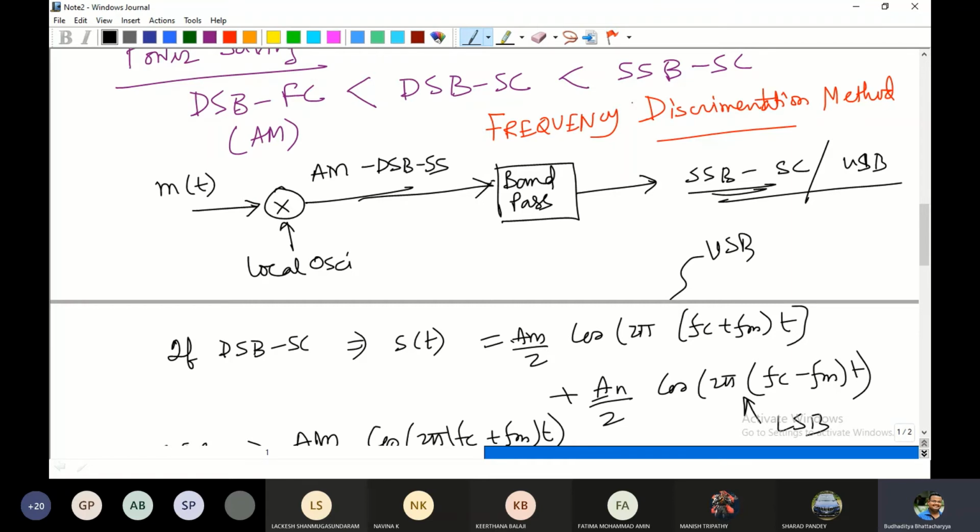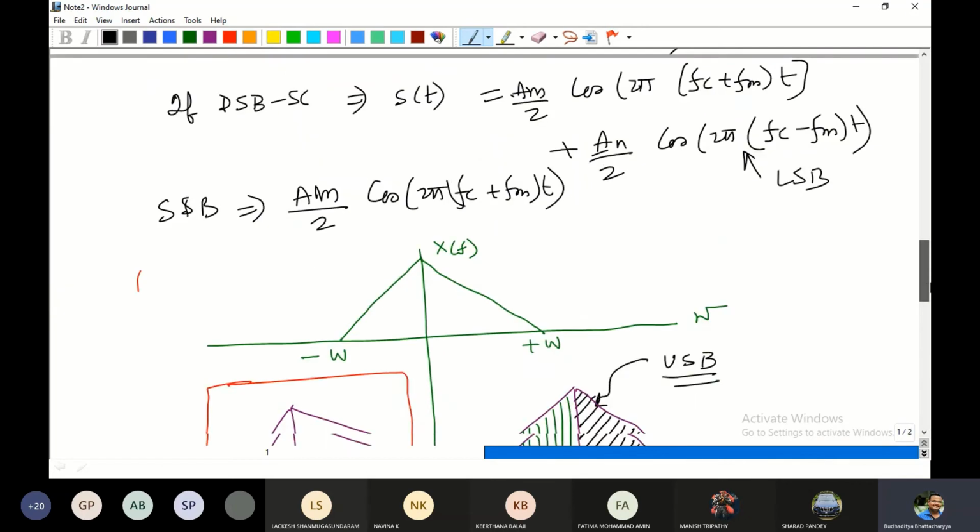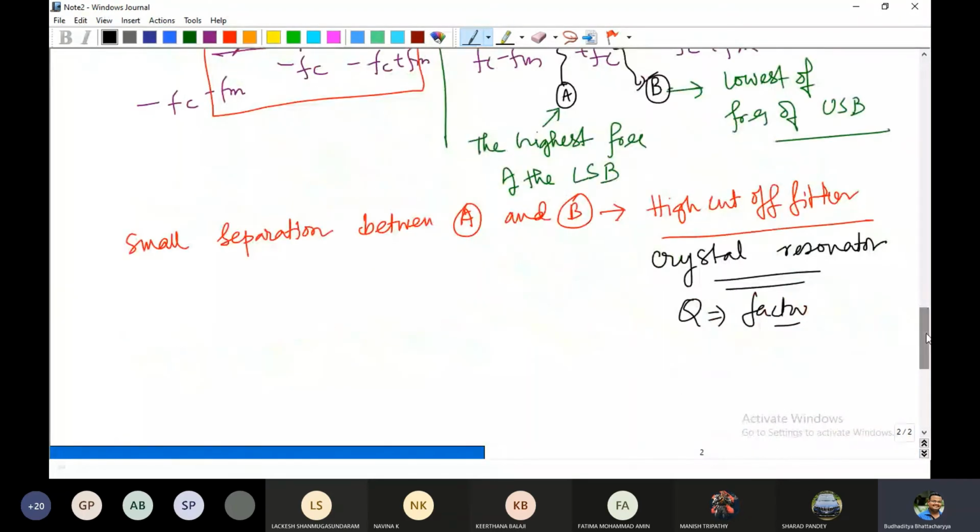If you are using multiple bandpass filters, naturally you won't require very stringent requirements. You will put some lesser order filters in those cases, so the design complexity also reduces a little bit. So that is another way of doing it. But this is the simplest process to generate SSB. Since it has this inherent problem of detection, it is not very favored.